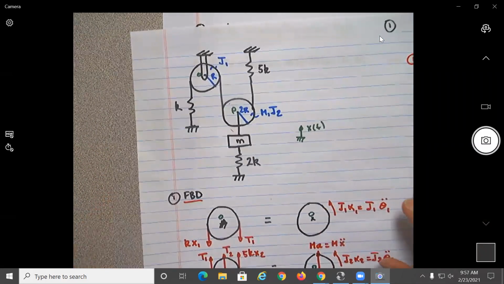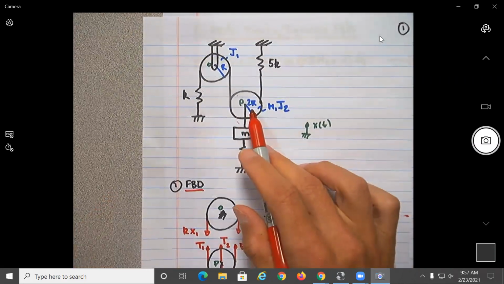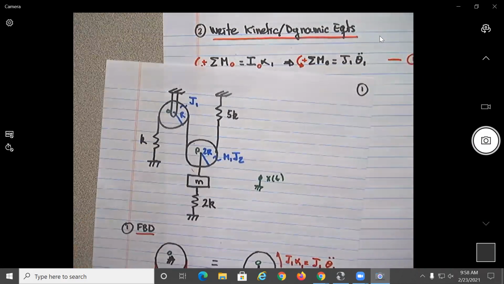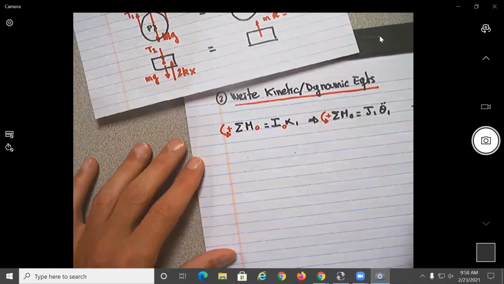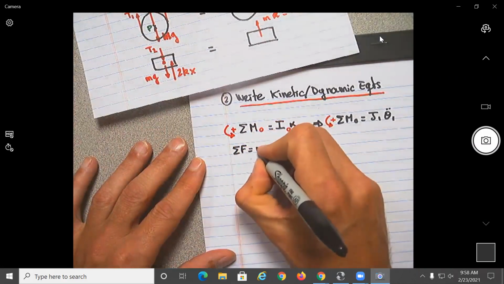Okay. Now, for the second pulley, what type of motion is this pulley having? Translation and rotation. So we need to specify both of them, no? Okay. So for the pulley with center P, you're going to have to define summation of forces equals to MA.